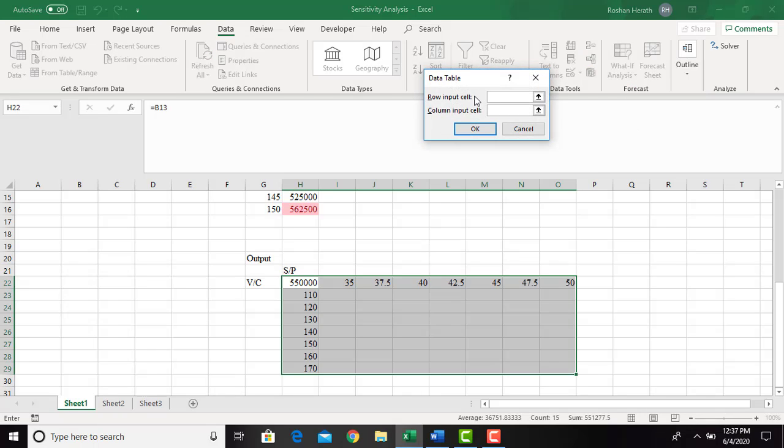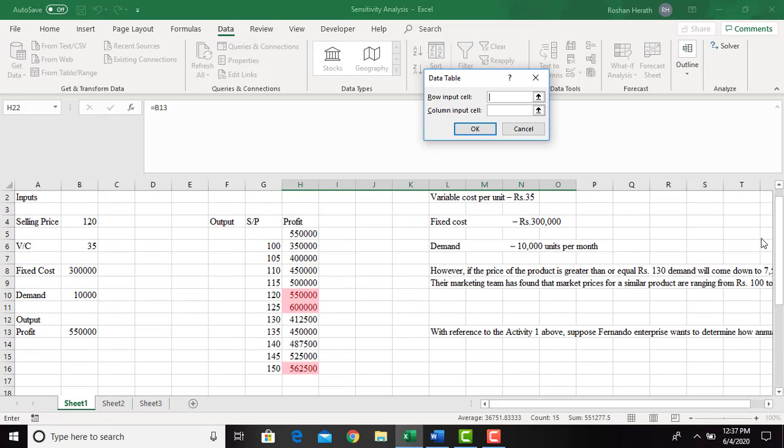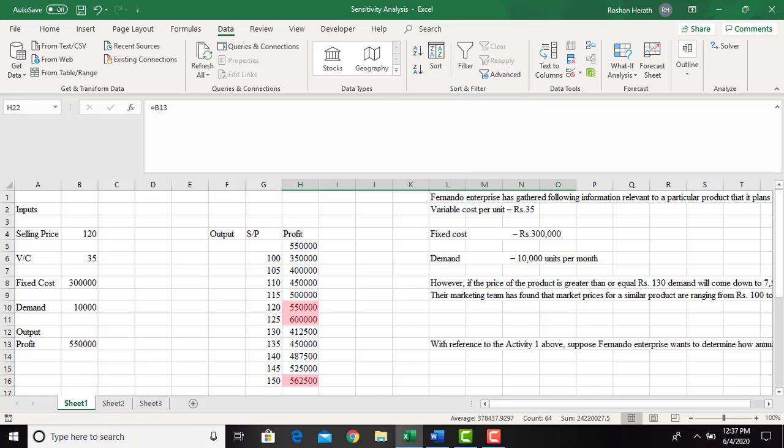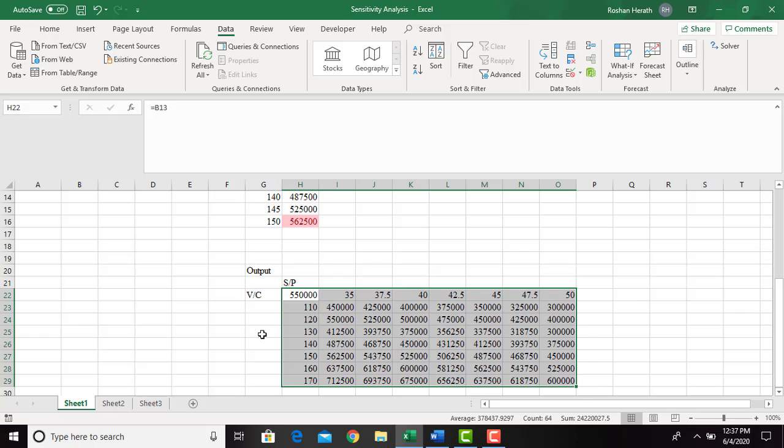What is your row input? What you have arranged in rows? It is the variable cost. Go to the basic model and select the variable cost. What is the column input cell? In the columns you have arranged the selling price. So select the selling price. Say OK. Now the desired results would have been produced.